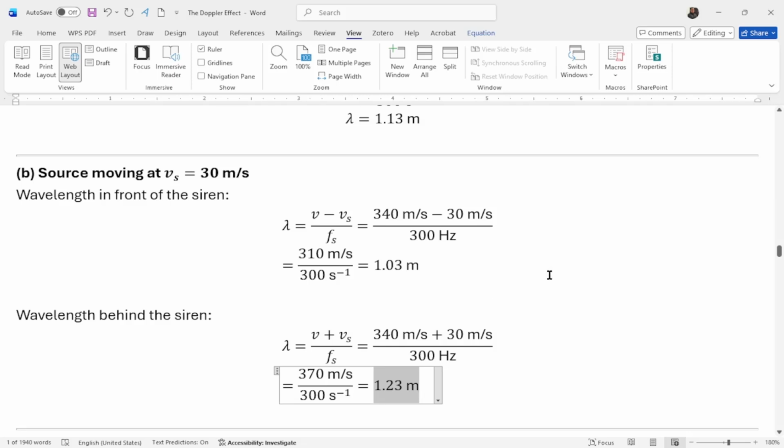This satisfies the condition that we discussed earlier, that if the source of the sound is moving towards a particular direction, the wavelength of the sound in that direction is shorter than the wavelength of the sound at the back of the moving source.